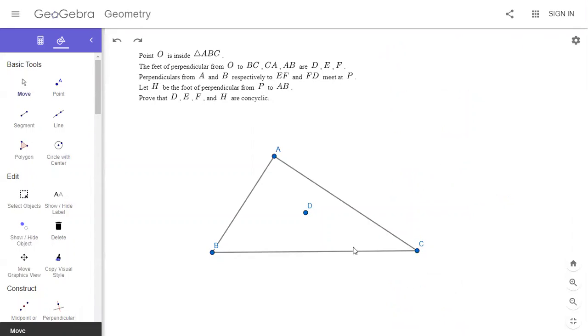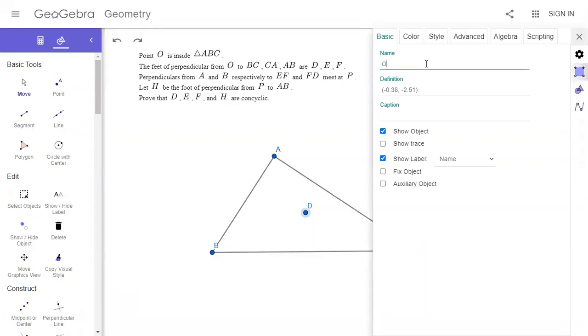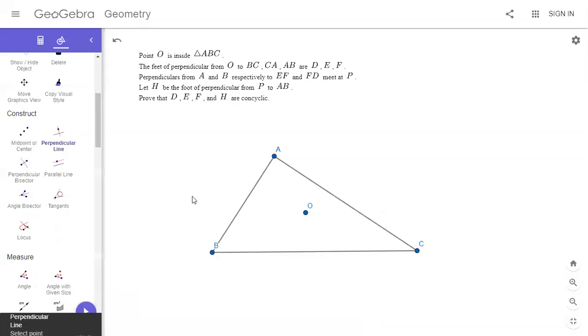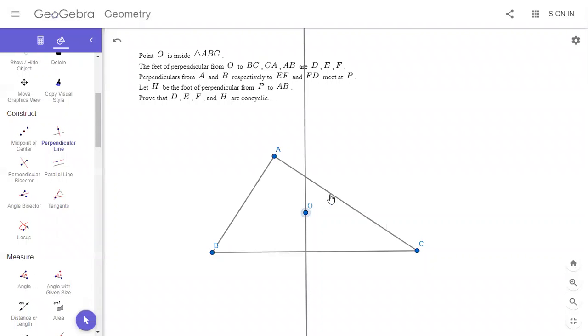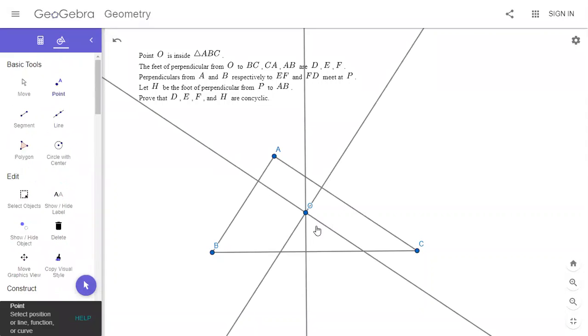Point O. And then we drop the perpendiculars to each side: D, E, and F. GeoGebra doesn't have a way of doing altitudes, but I feel like they should.